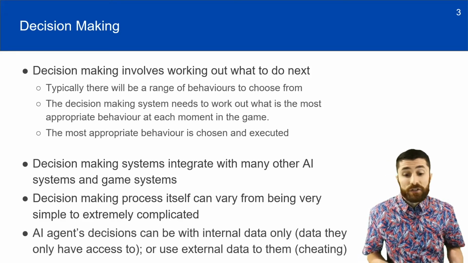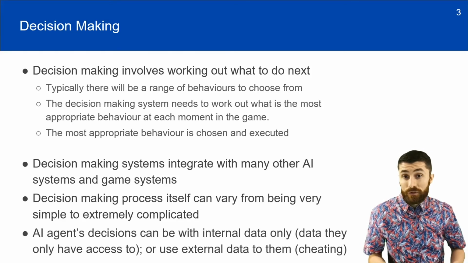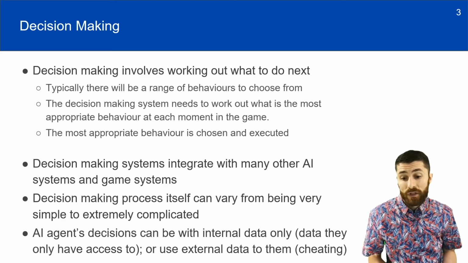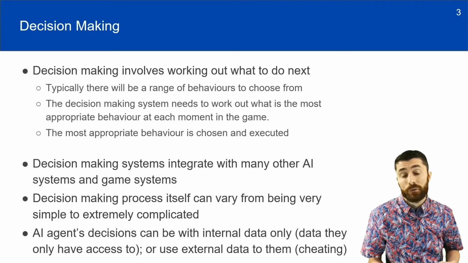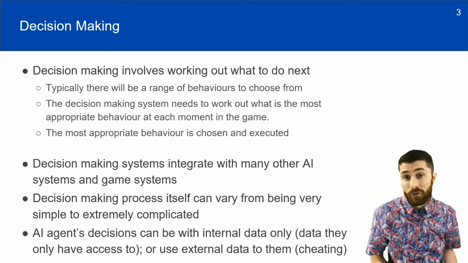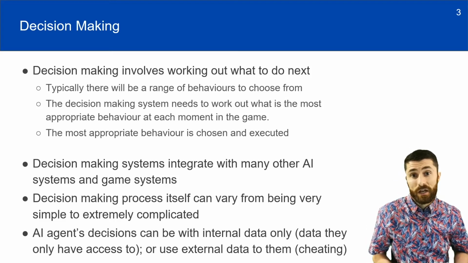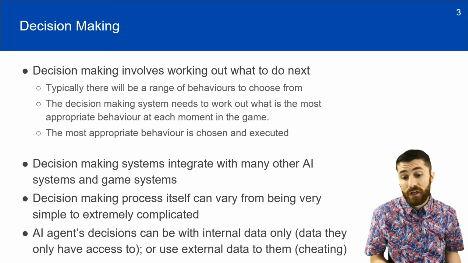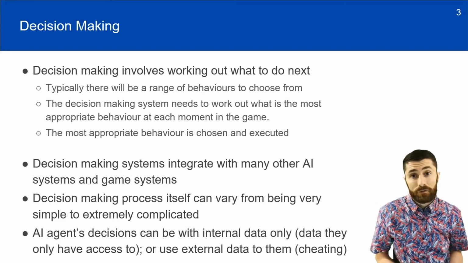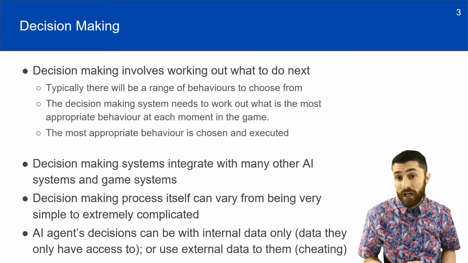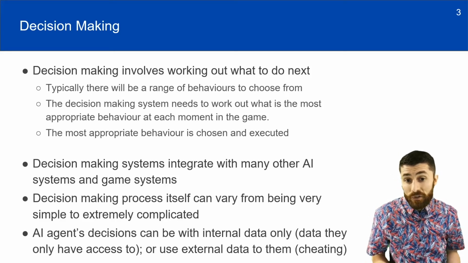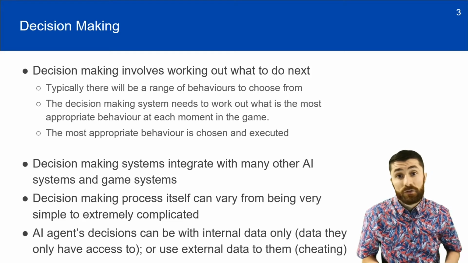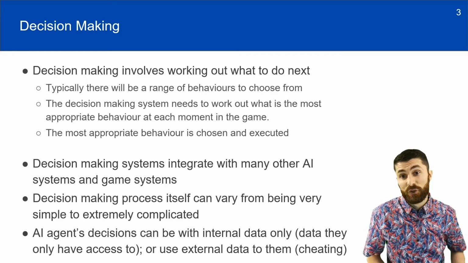AI agents' decisions can only use internal data if you want, and that means that they can only use things that they have sensors for. So if the enemy has hearing or sight, they can use those sensors. However, in a lot of game AI, we try and cheat to save on performance, and therefore they can use external data, which is cheating.